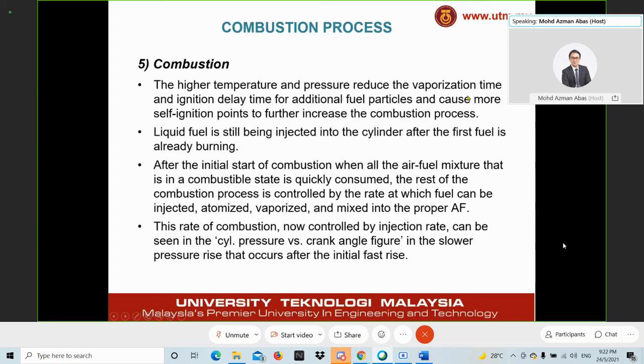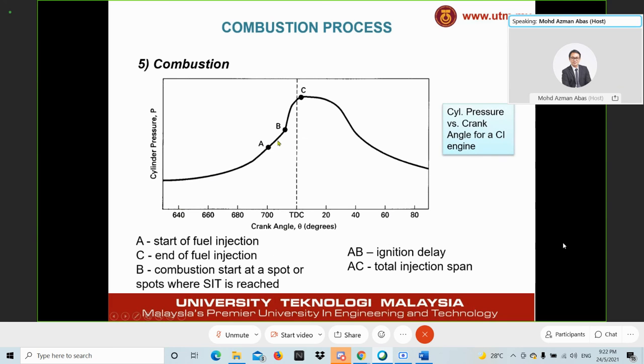So the higher the temperature and pressure caused by the compression ratio, the vaporization time and ignition delay also reduce, which is good. This causes more self-ignition points to further increase the combustion process. So as much as possible, you want to have a shorter ignition delay.